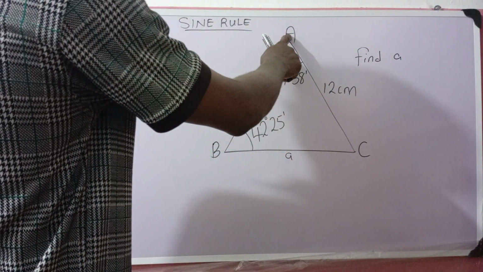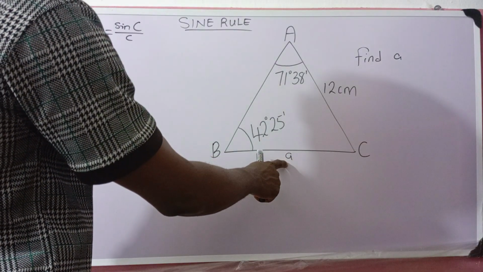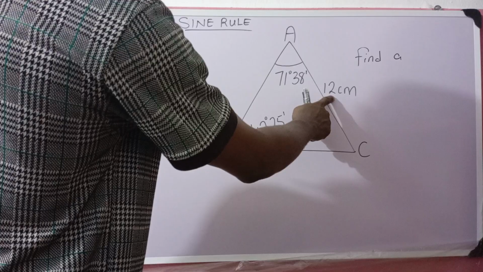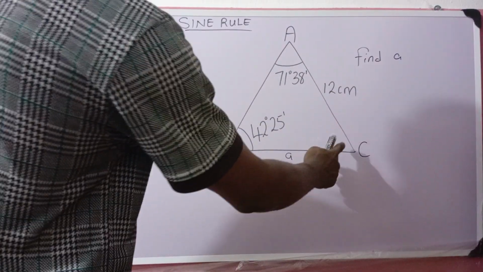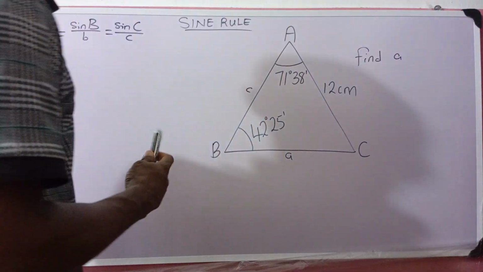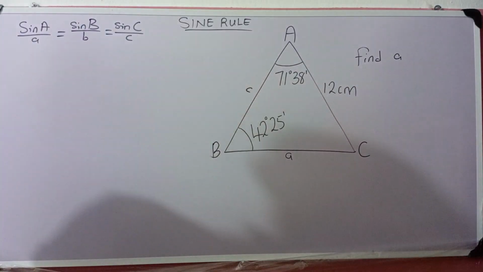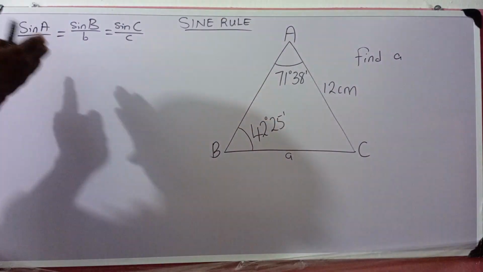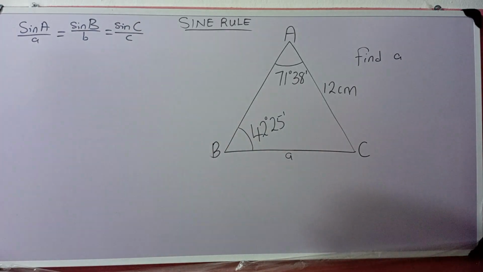For example, this particular angle is angle A. The side facing angle A is small letter a. This is angle B. The side facing angle B is small letter b, and small letter b is represented with 12 centimeter. Then this is angle C. The side facing angle C is small letter c. But our focus is to find the side a. That is what the question says, so we shall be focusing on that. So this is the formula for resolving questions that have to do with sine rule.